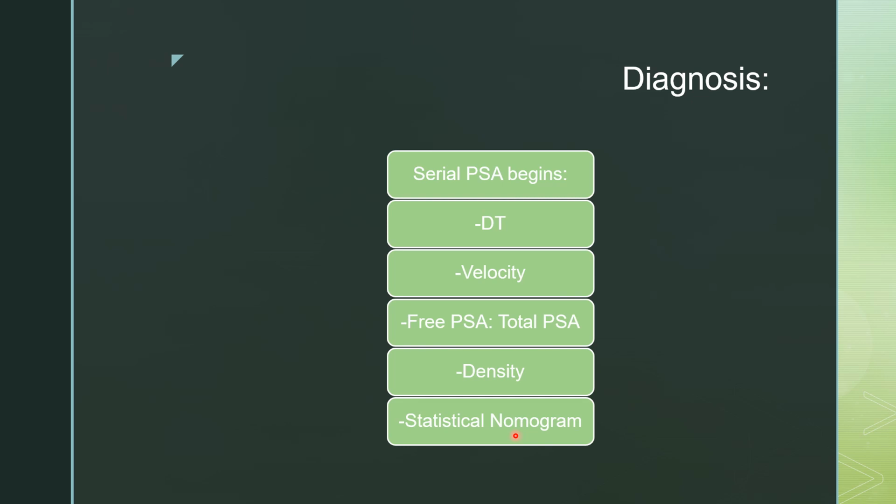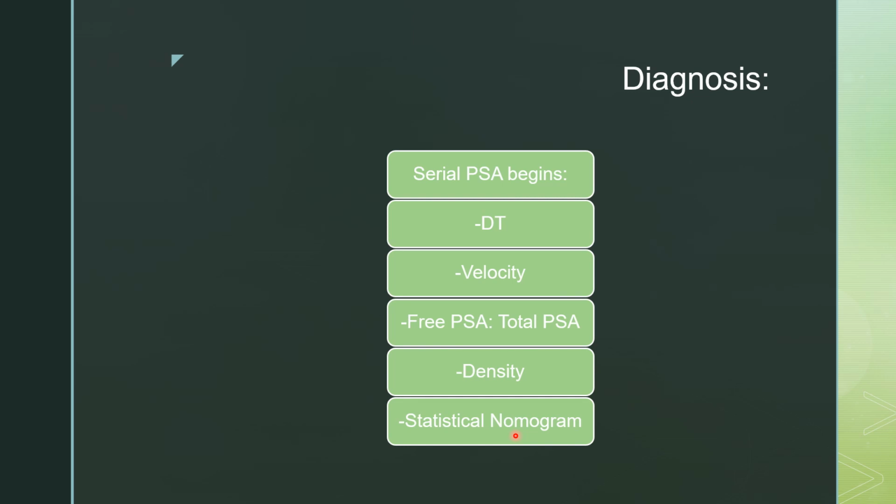We will consider that. Then total history, any positive family history of prostatic cancer, how old are you? And then we will do so many other things like digital rectal examination, magnetic resonance imaging, CT, name it. We'll do everything that is expected to be done.